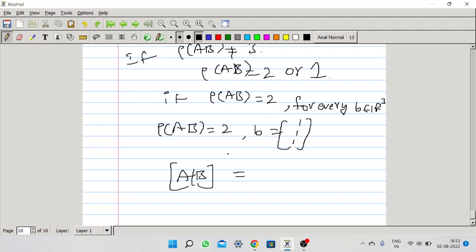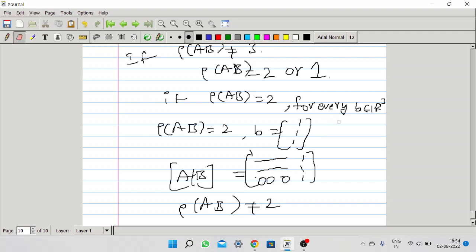Then the matrix [A|b] looks like this. So this will become 0. These are non-zeros. So rank of [A|b] cannot be equal to 2 for this particular b, but it is given for every b.